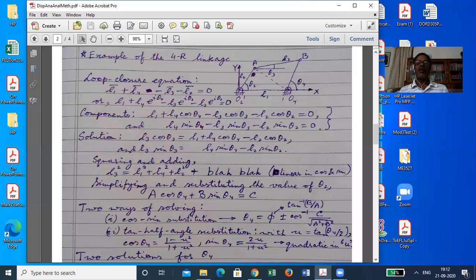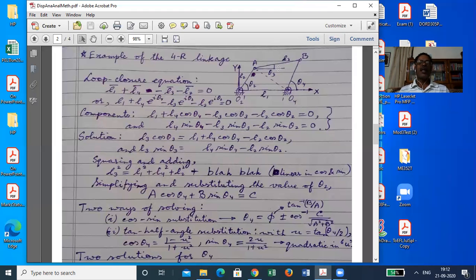So suppose the input variable theta 2 is known, and you want to solve for theta 3, theta 4. More importantly, you would be interested in solving for theta 4 because that is typically the output variable. Okay. So theta 3 you try to eliminate to first crack the problem.